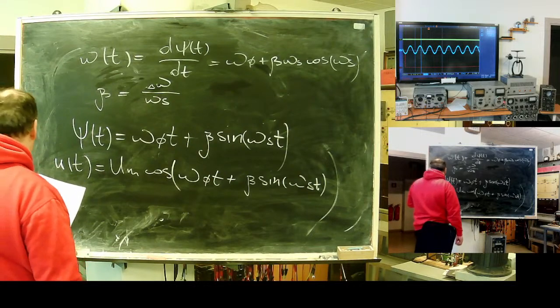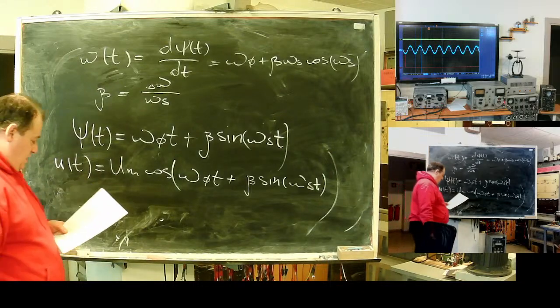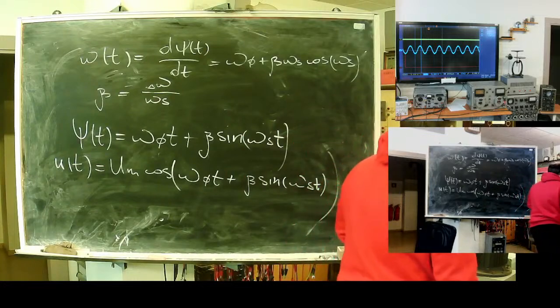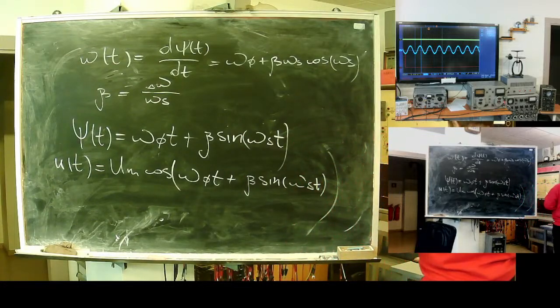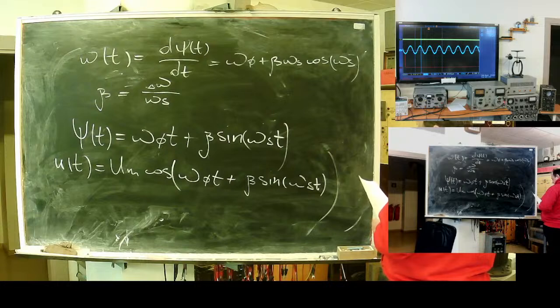There is one moment to see when the frequency of my modulating signal changes. In case of angular modulation or phase modulation, the frequency deviation will be proportional to my signal frequency. And beta will remain constant.